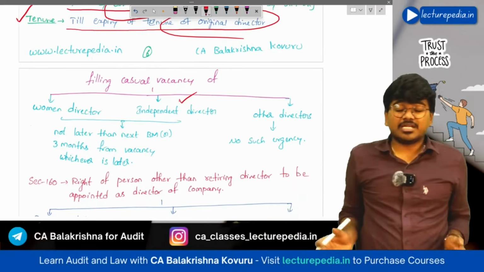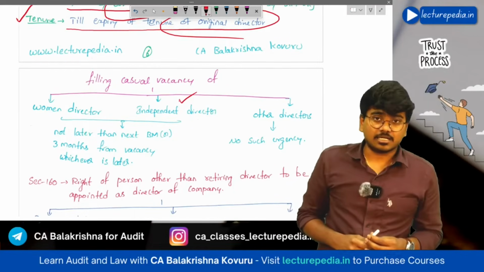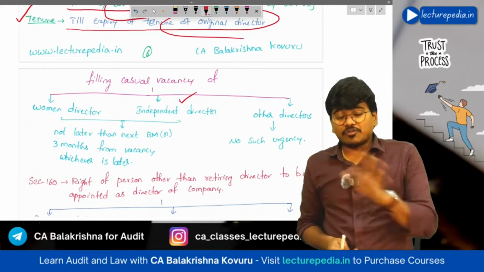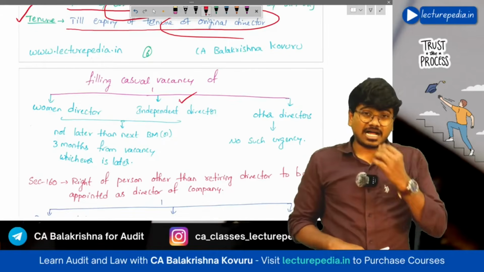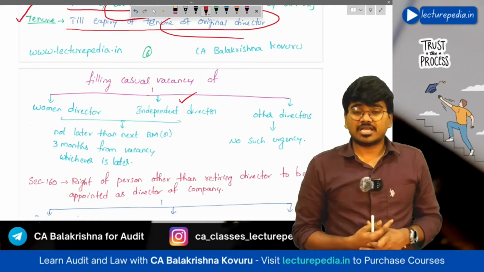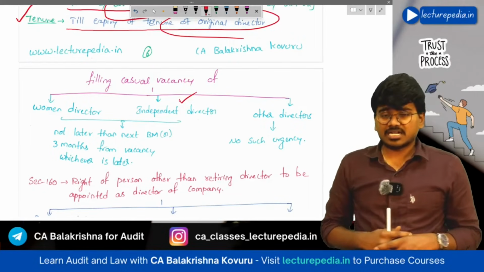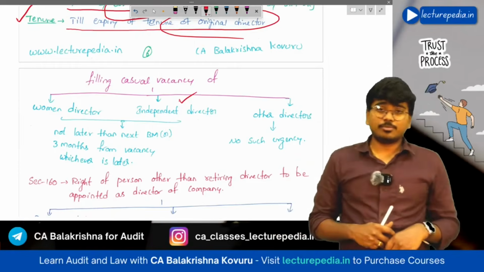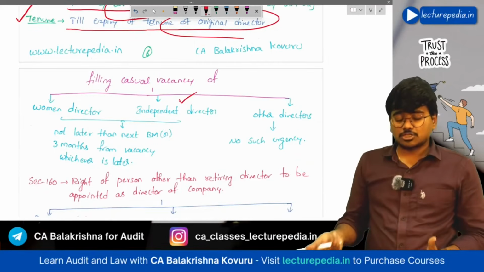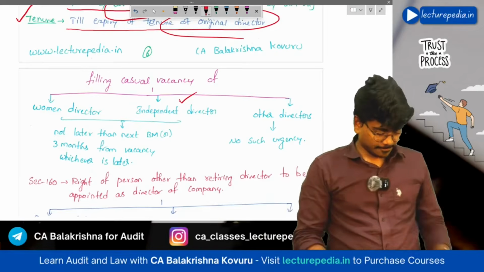Within that period you need to fill the vacancy. Whereas in case of other directors, there is no such urgency, no such timelines prescribed for filling the vacancy. But the vacancy of a women director and independent director has to be filled within those prescribed timelines.